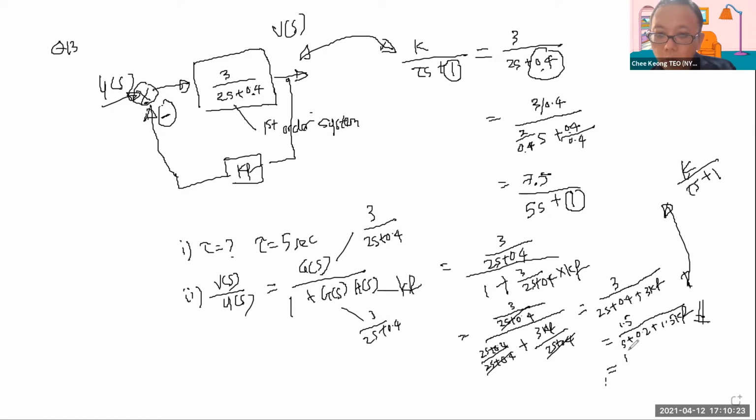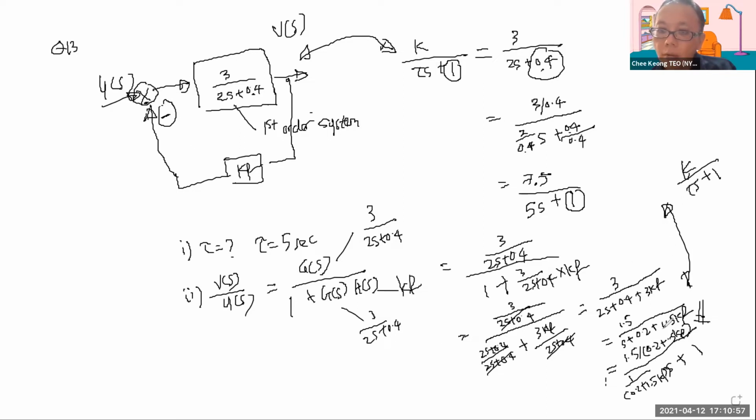So the top will be equal to 1.5 divided by 0.2 plus 1.5 kf, over 1 over 0.2 plus 1.5 kf times s, then plus 1. So this is more like it, because you can compare 1 and 1. And of course, now it reveals what your time constant is.